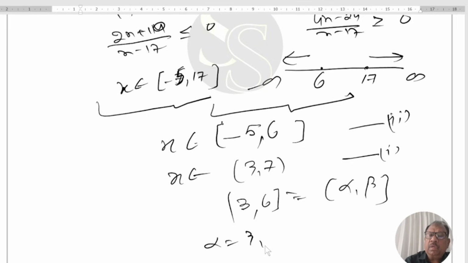So alpha equal to 3, beta equal to 6, and alpha plus beta equals 9.